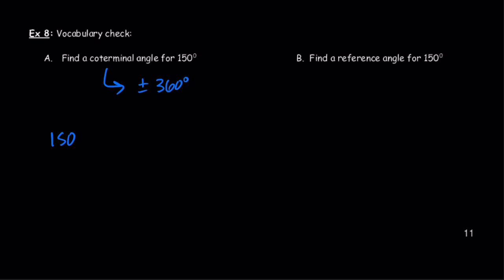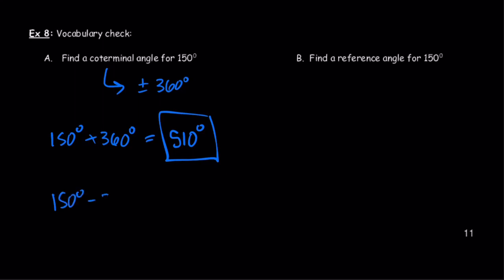So here's one. I can take that and add 360 degrees. So I believe that's 510 degrees. That would be another one that's positive. I could also take 150 and subtract 360 degrees. So I think that is negative 210 degrees.